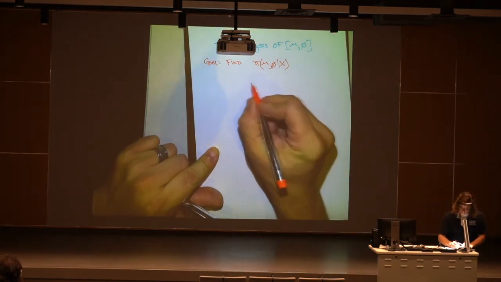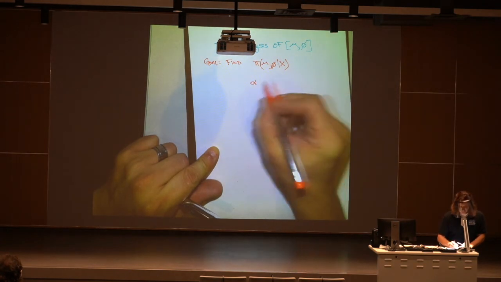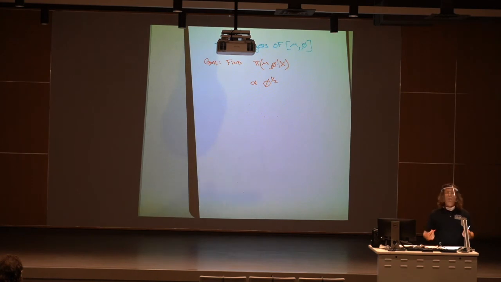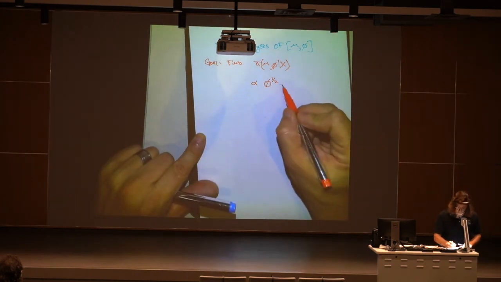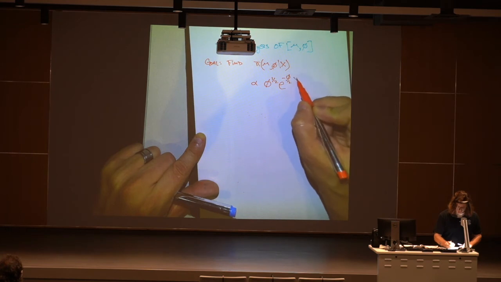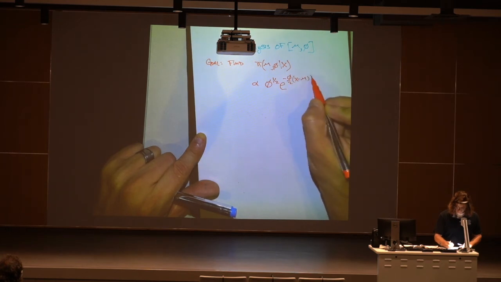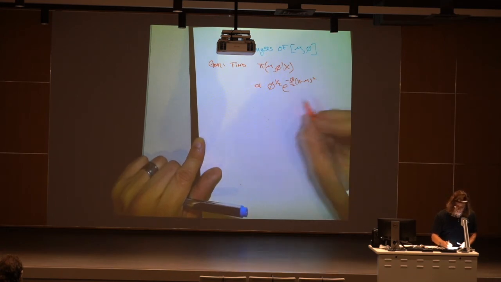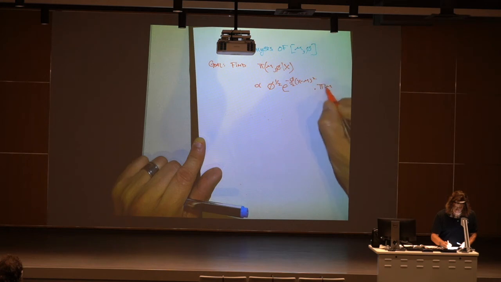So this is going to be just this thing. Likelihood, phi to the 1/2, can't get rid of that because that's part of the likelihood. Doing a joint analysis, e to the minus phi over 2, (x minus mu) squared. So that's my likelihood times pi(mu).